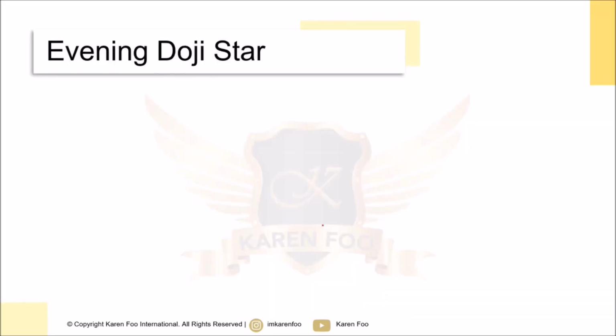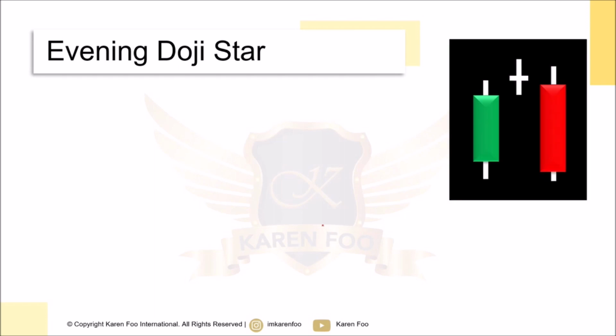So another pattern that I want to show you is the evening doji star, and this pattern is a little bit different. What is so different about it is the middle candle is a doji. That's it. Just now it was a spinning top. It can be an inverted hammer, it can be a hammer, but this one is just a doji. The first candle remains the same, third candle remains the same.